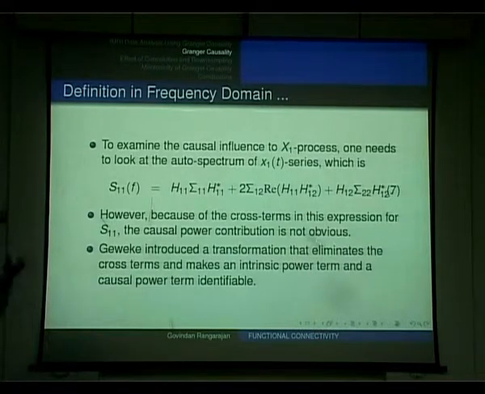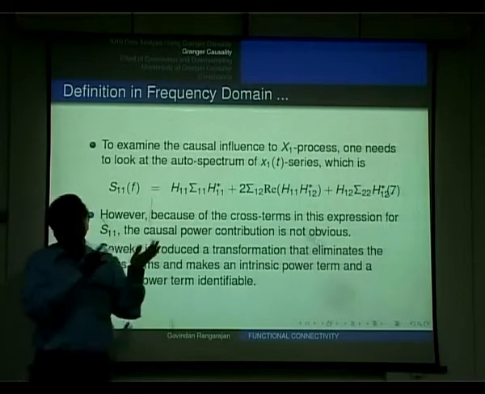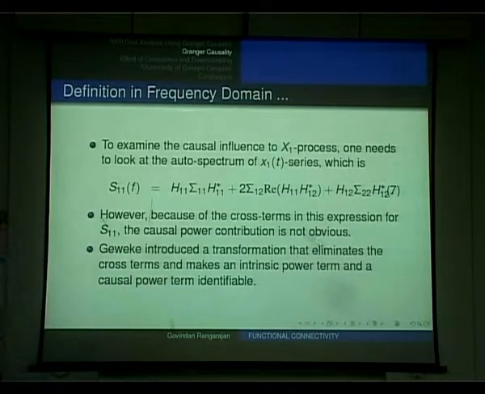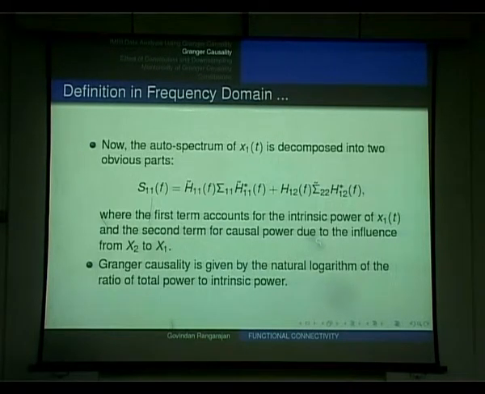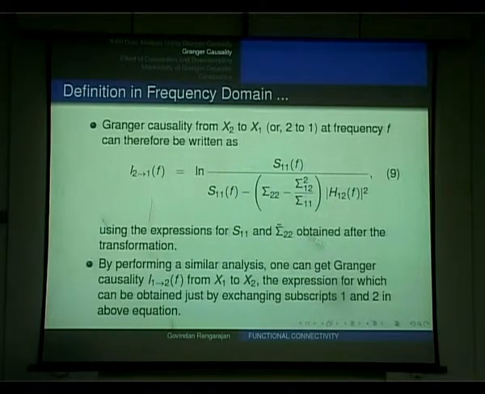Okay, so this is the translation of that error which I talked about in the time domain to the frequency domain. Again, you have to do some further analysis. Let me not get into that, but essentially what you have ultimately is this expression, a quantification of Granger causality at a frequency f from 2 to 1.